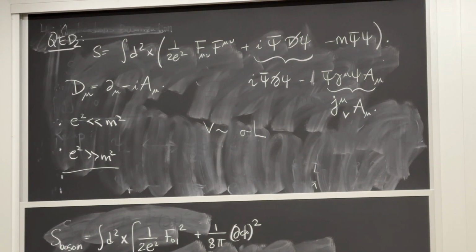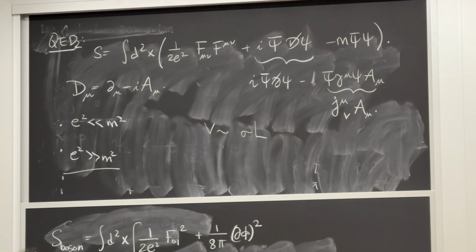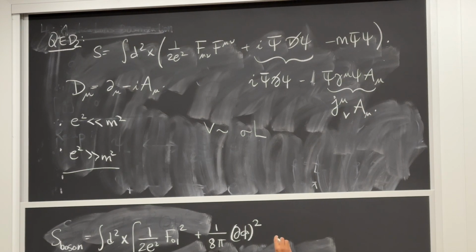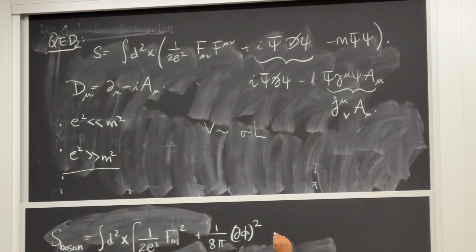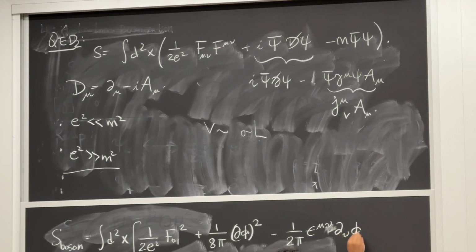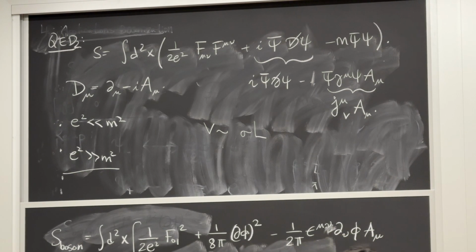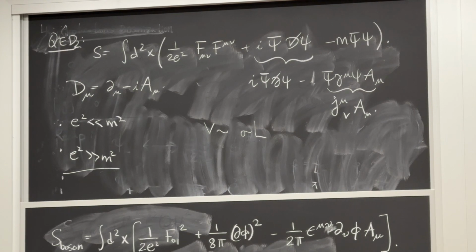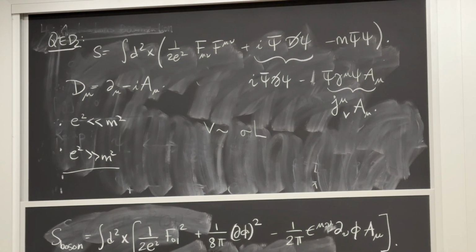That became that. And then the current interaction just becomes 1 by 2 pi epsilon mu nu d mu phi A nu. So that again is coming from this. Mass, okay, we know what it becomes, right? So mass becomes cosine of phi.